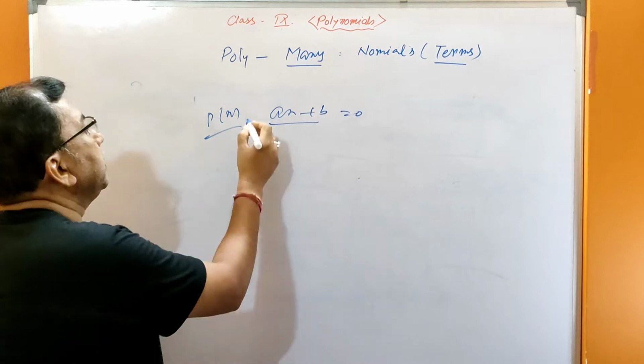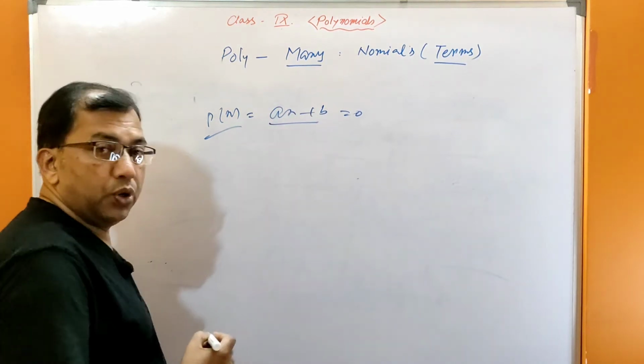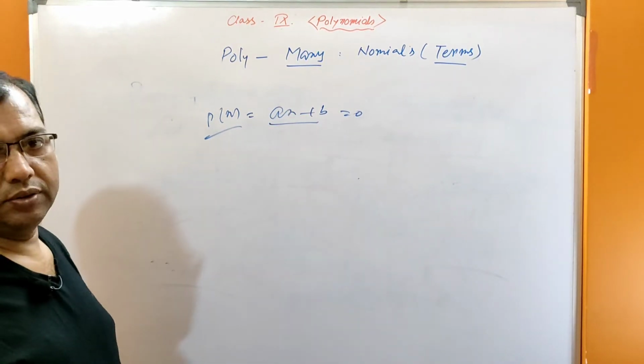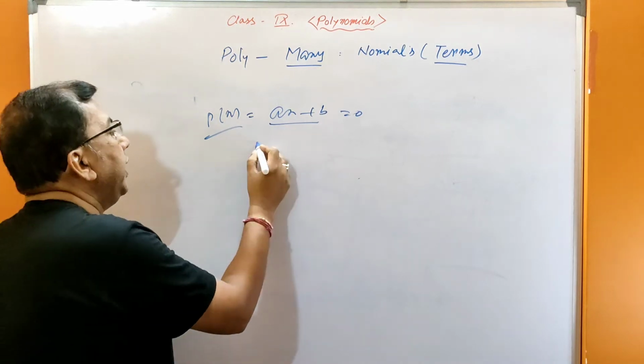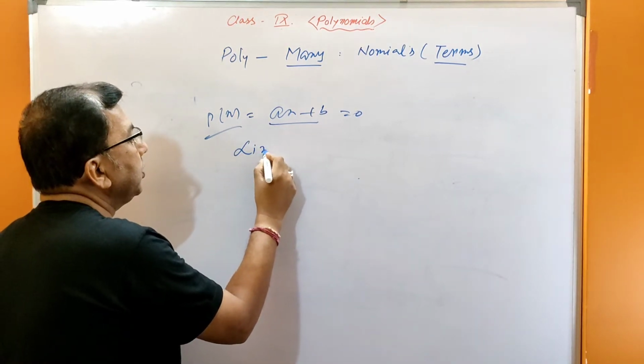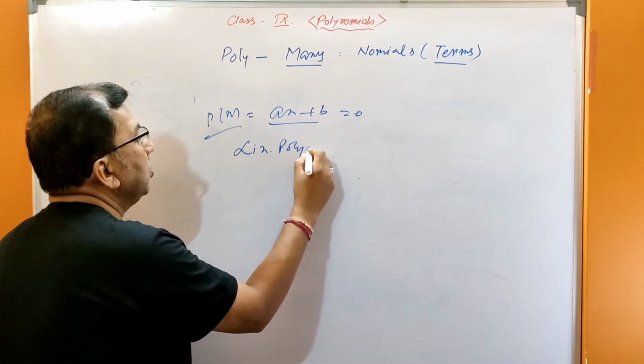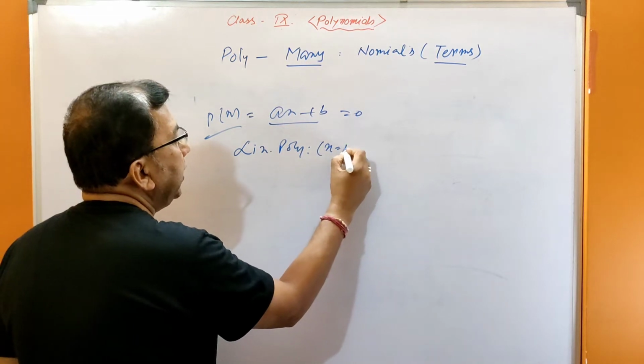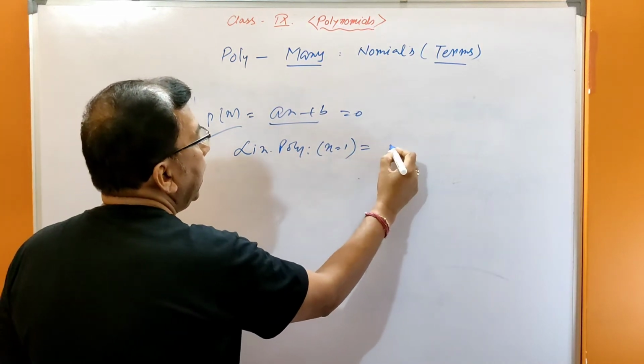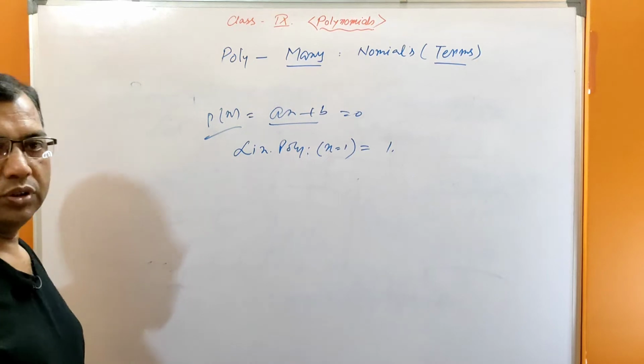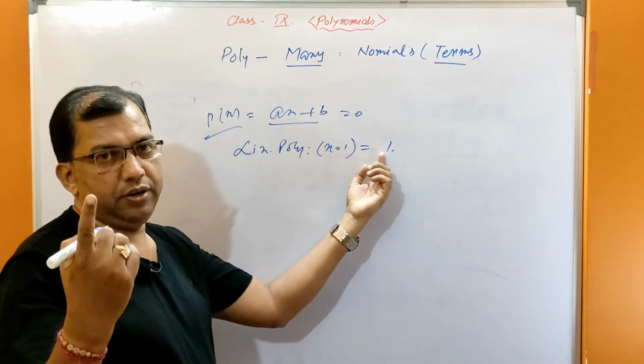Linear means the power of x is 1. If this is a linear polynomial, its value is 1. So it will have only 1 zero.